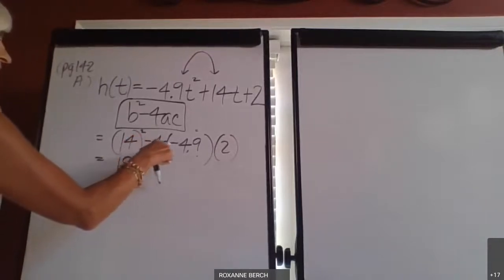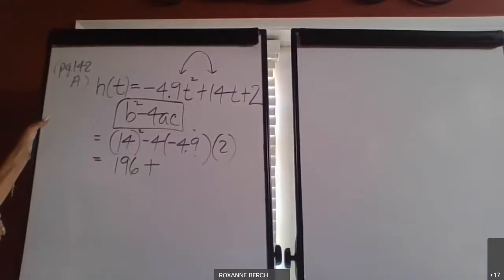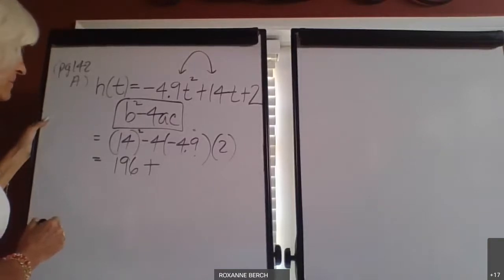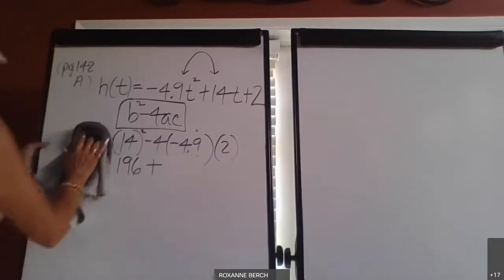And a negative times a negative is a positive, right? Is that right? Did I write this down right? Plus 2. No, this isn't right. Start over.